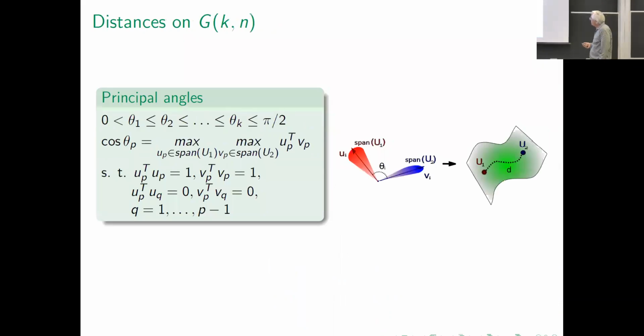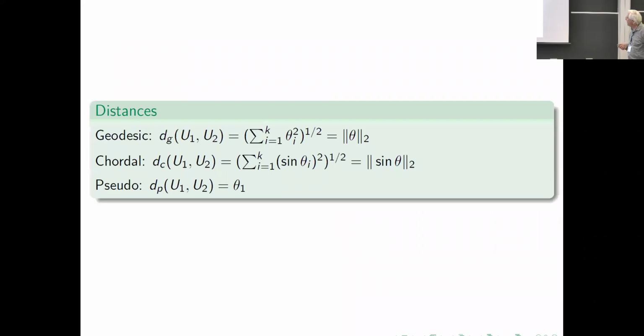So to measure distances between subspaces, we use principal angles. This is an optimization problem for principal angles. The neat thing about it is they're very easy to calculate. So I'm going to go through that. The geodesic distance is here. We use this quite a bit.